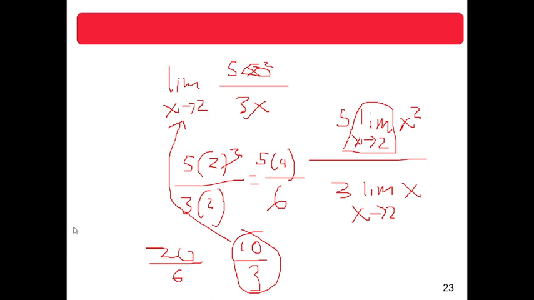Now I want to show something to you. Not all the time, when you are given a function, are you going to directly substitute it. You should look at your function first, to see if it has a value, or it is undefined, or it is indeterminate, or it is 0.